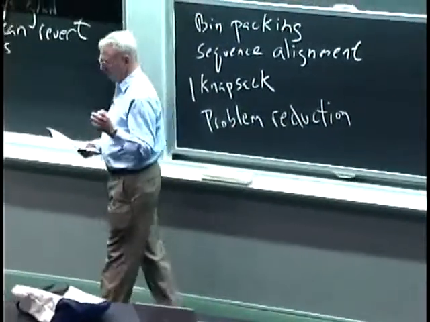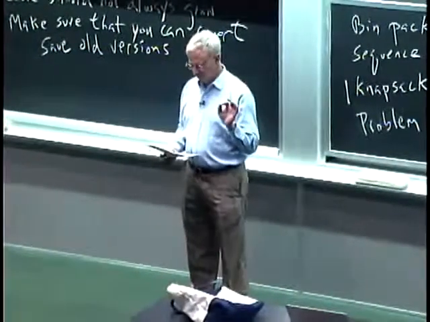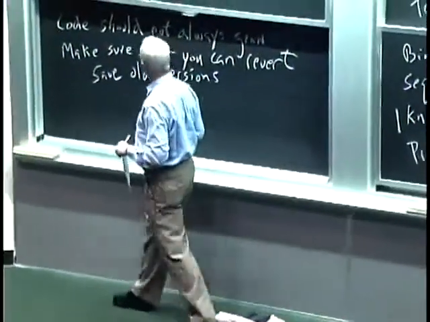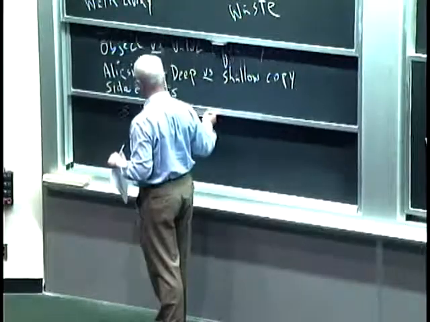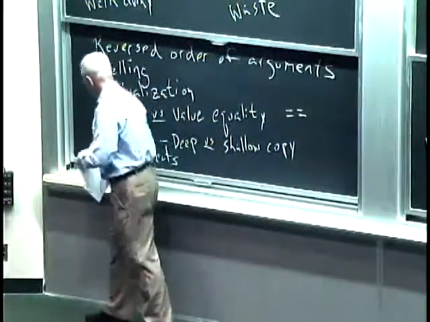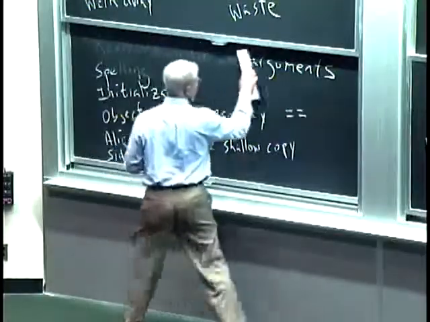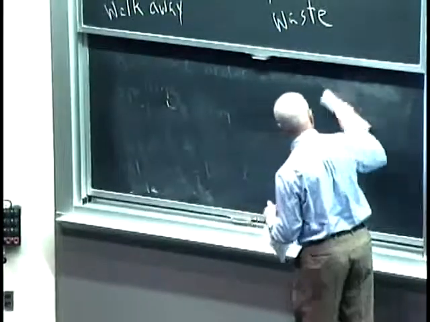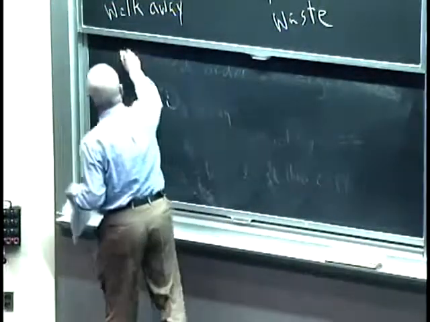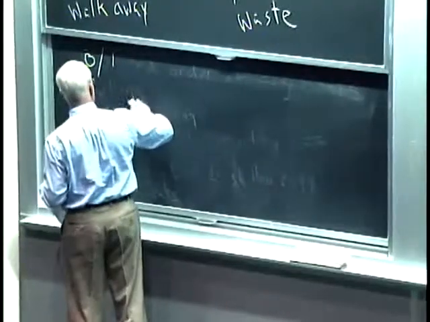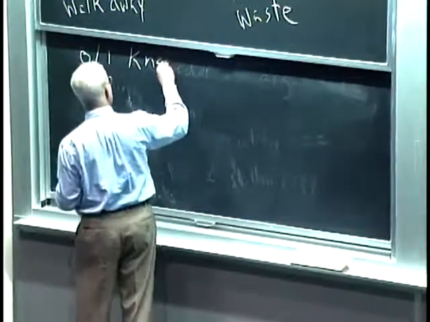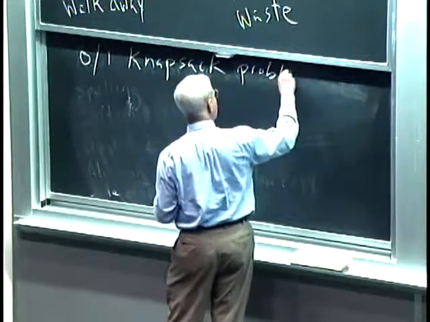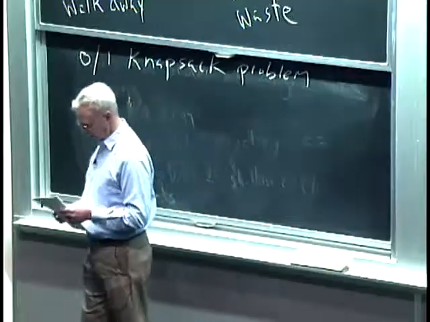But let's look at a slight variant of it where greedy is not so good. And that's what's called the 0-1 knapsack problem. This is basically a discrete version of the knapsack problem.